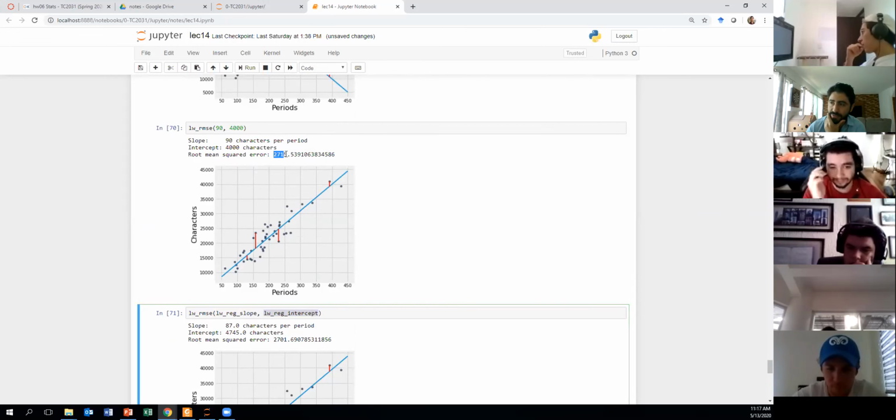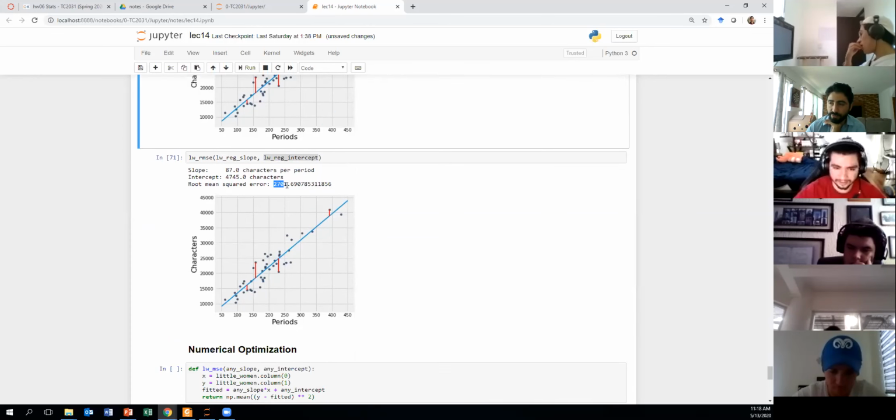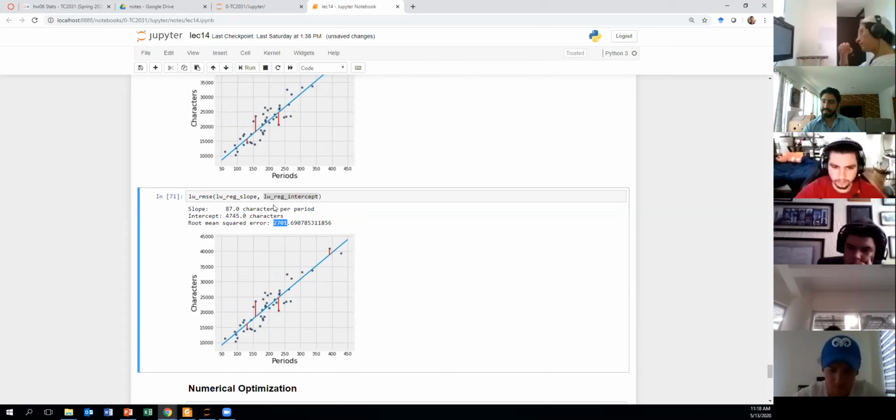I get 2,715. Here I'm getting 2,701. So it turns out that your regression line at the end will give you the lowest root mean square error. So now this is another way to look at the regression line.